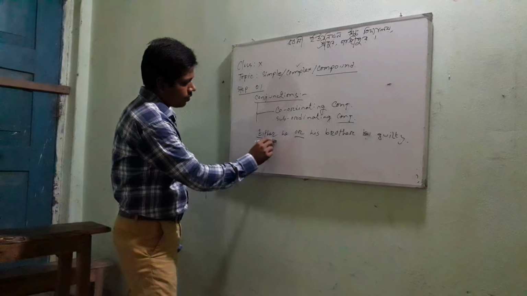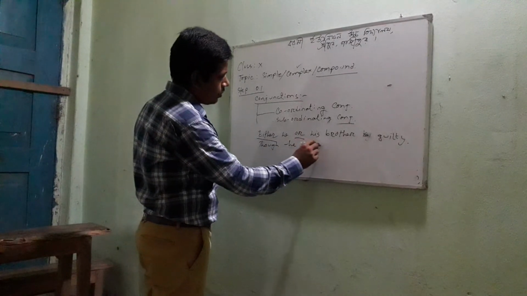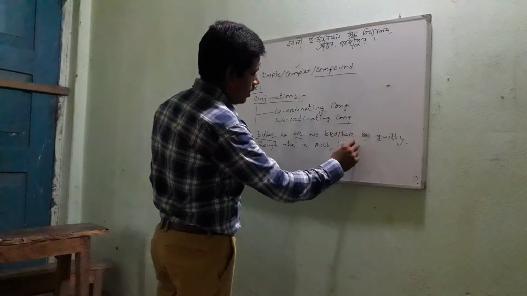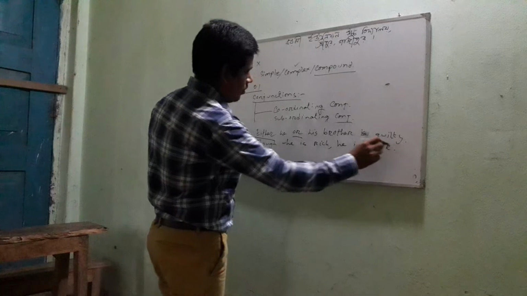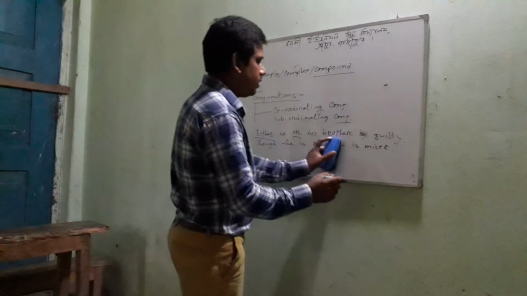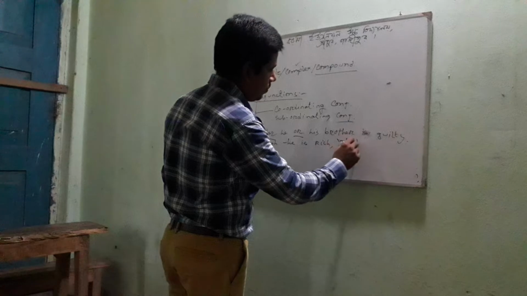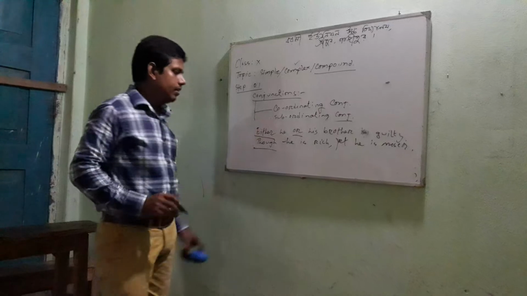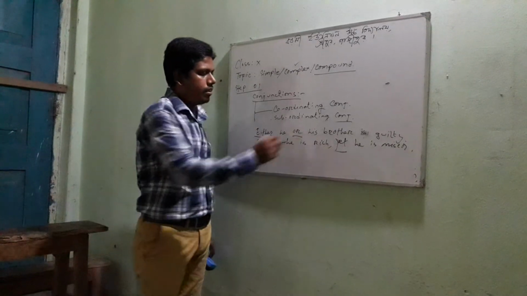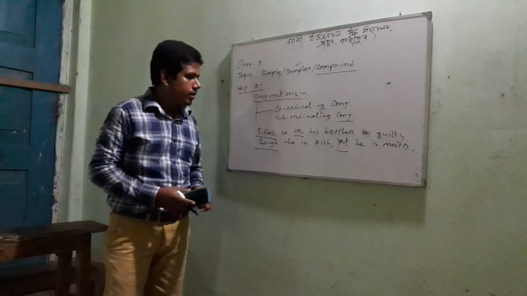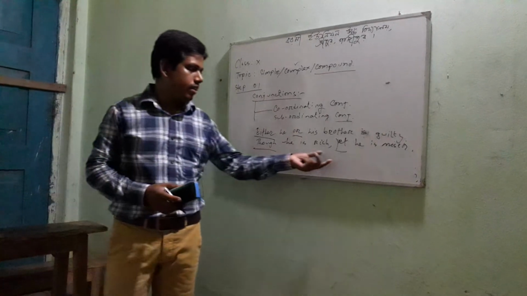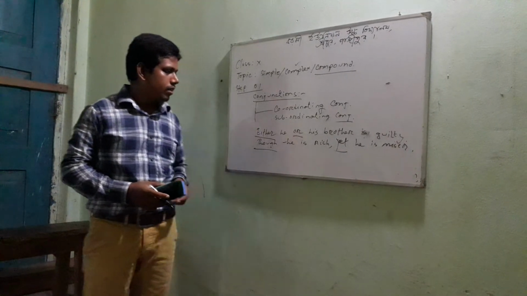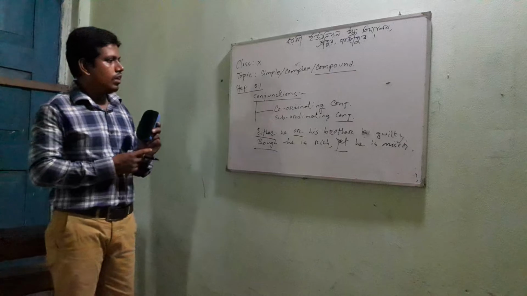Though he is rich, yet he is miser. Here "though" is related with "yet", and this is why "though" and "yet" together are called correlative conjunctions. "Either or" together are called correlative conjunctions.